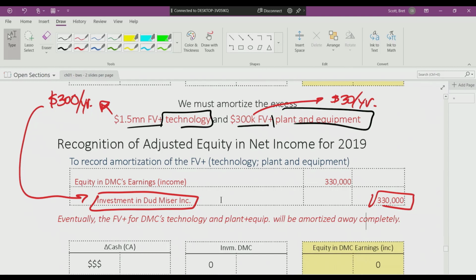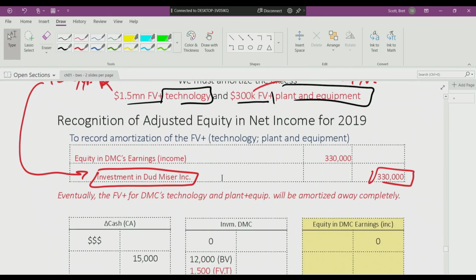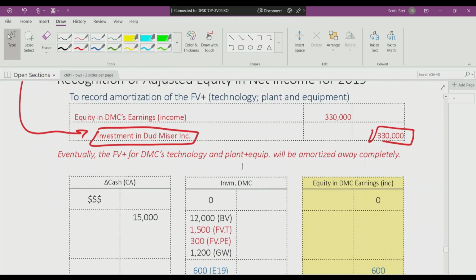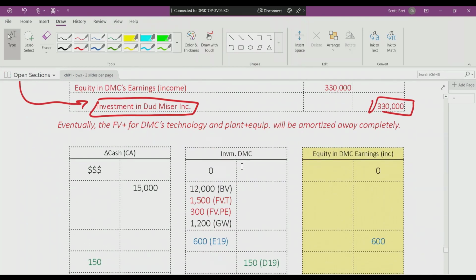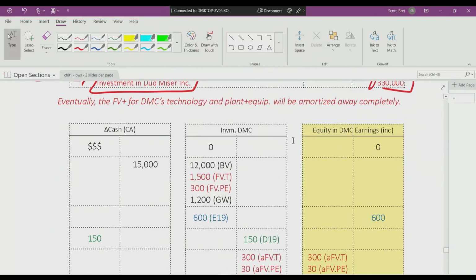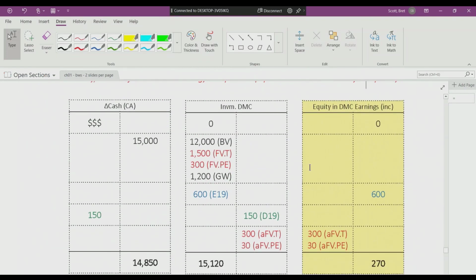We're not going to reduce any specific asset account other than the investment in Dudmeister. We're not going to debit an expense account like amortization expense. Rather, we're going to use these expenses, if you will, to offset what we show in the equity in DMC's earnings. So down below, what you see is the credit of $330,000.